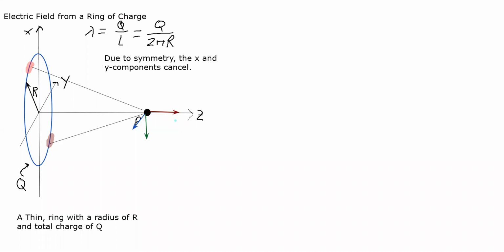I'm going to pick a charge that makes it easy for me to draw here. I'm going to focus in on a segment of charge up here. Okay, that segment.